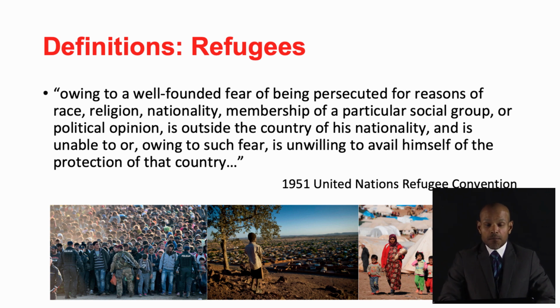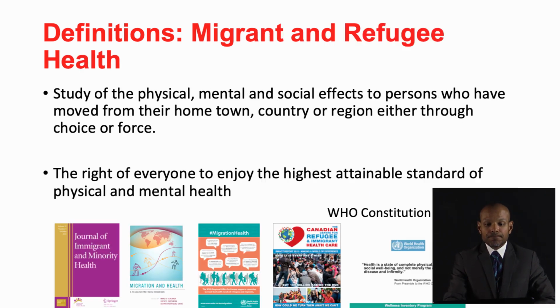So in the context of migrants, we see that as a voluntary activity and the opportunity to return. In the case of refugees, as a result of fear and concern for persecution, they are outside of their region or country of origin, and there is difficulty in returning to their home country or region.